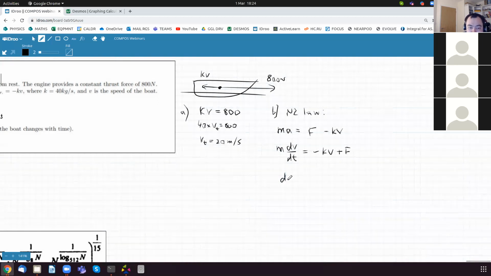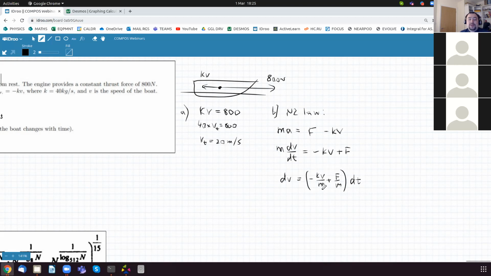So I get dv is equal to minus kv over m plus F over m, dt. So this is a linear function in terms of v, and times dt. So I divide everything by that.